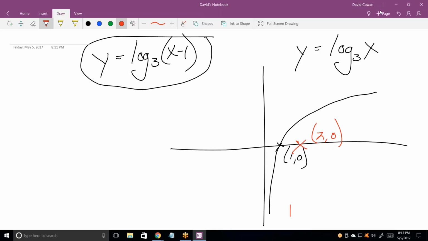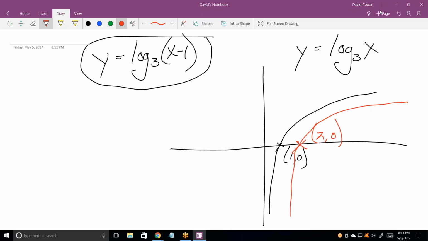And not only does that point get moved, but we had a vertical asymptote on the original parent function. What was the vertical asymptote on the parent function? X equals 0, yes.